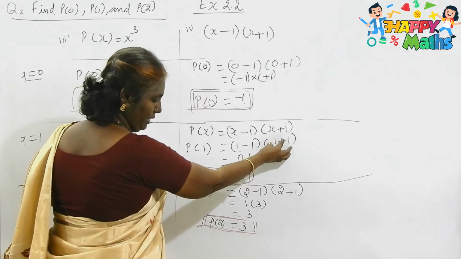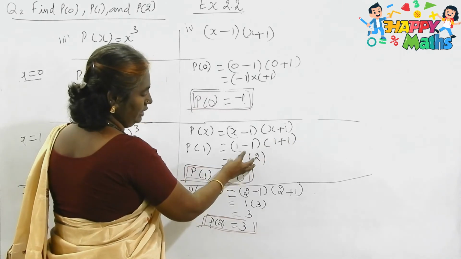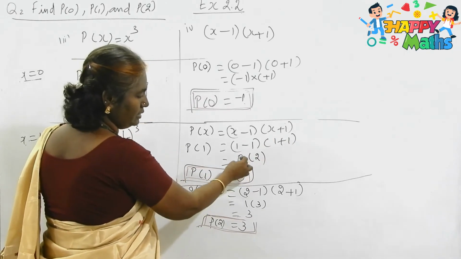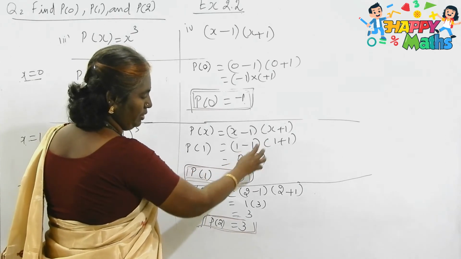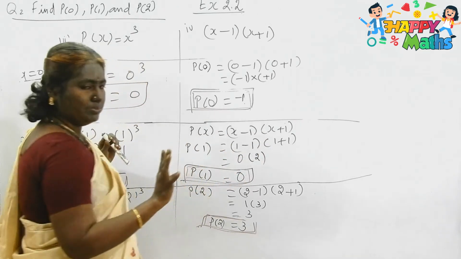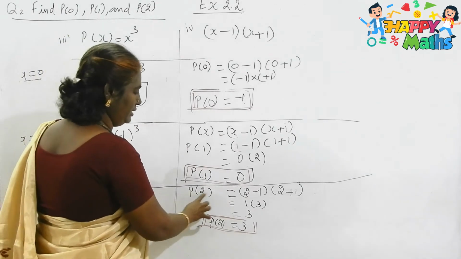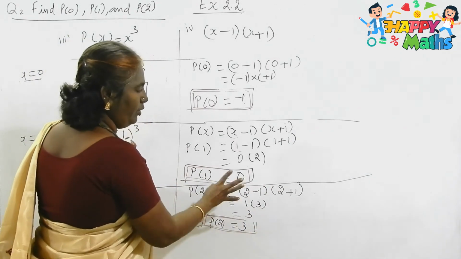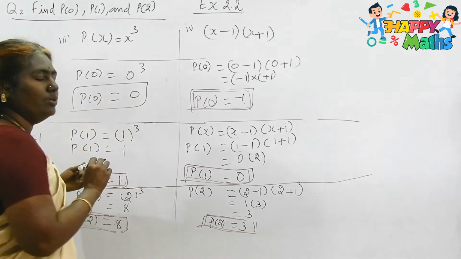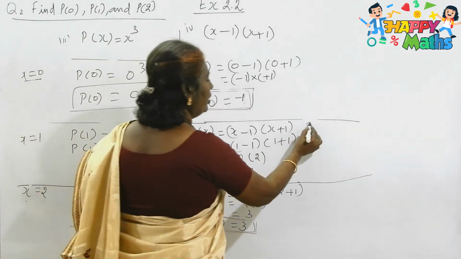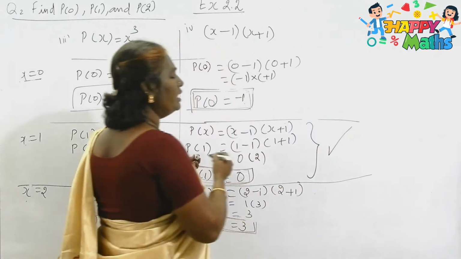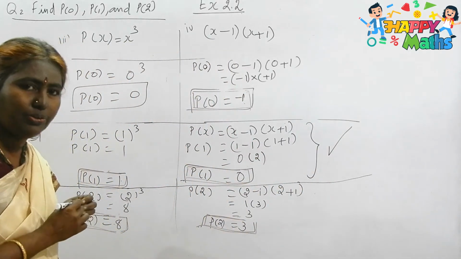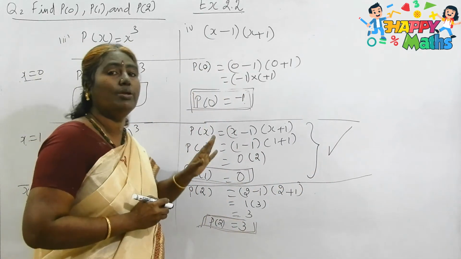Even though there is one bracket over here, the whole thing gets 0 because the multiplication sign is in between. So this has become 0. And then when I substitute 2 here, I am getting 2 minus 1, which is 1, and 2 plus 1, which is 3. From all the sums, why have they given you this model? This is a very important model for you. From this you can get one more thing.